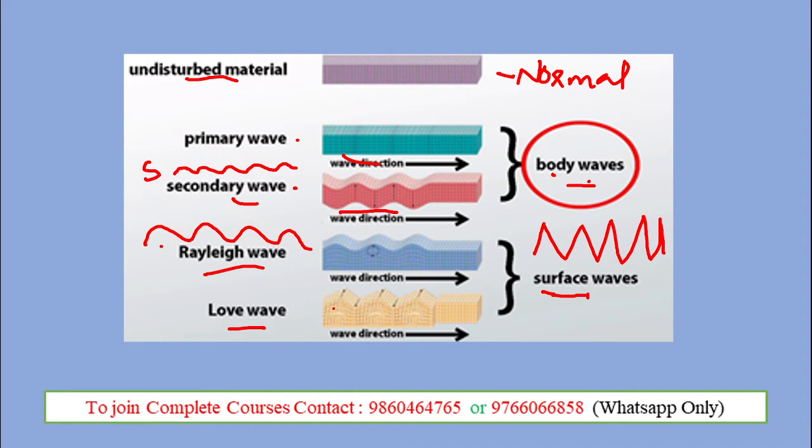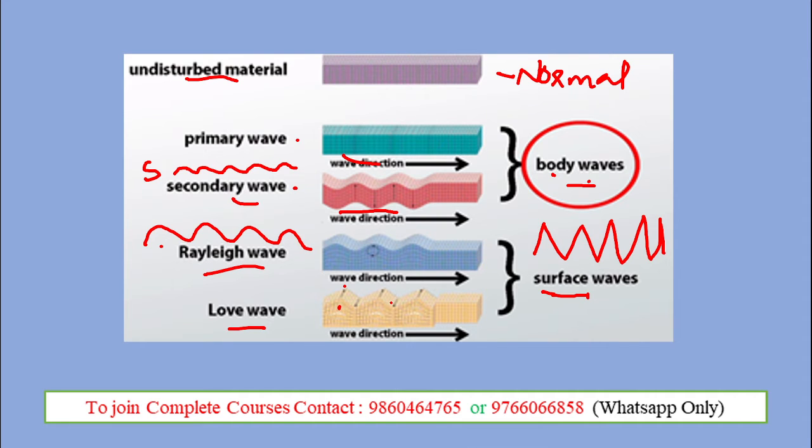It is like the vertical movement, and also in the Love wave the surface shakes side to side. This side also happens and this side also happens. So the Love wave shakes the surface.